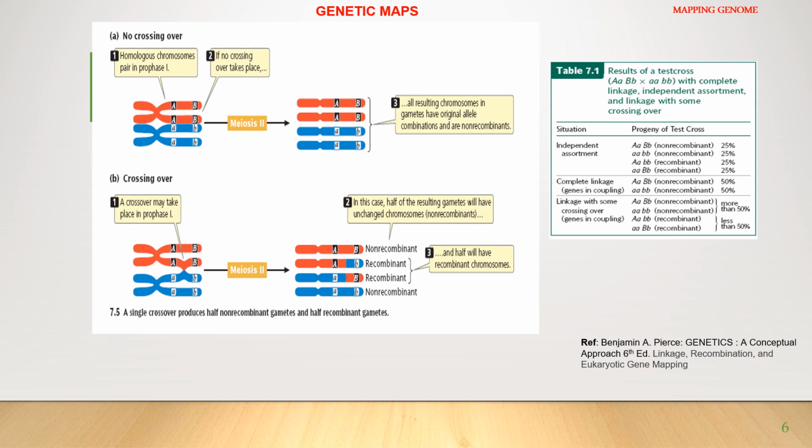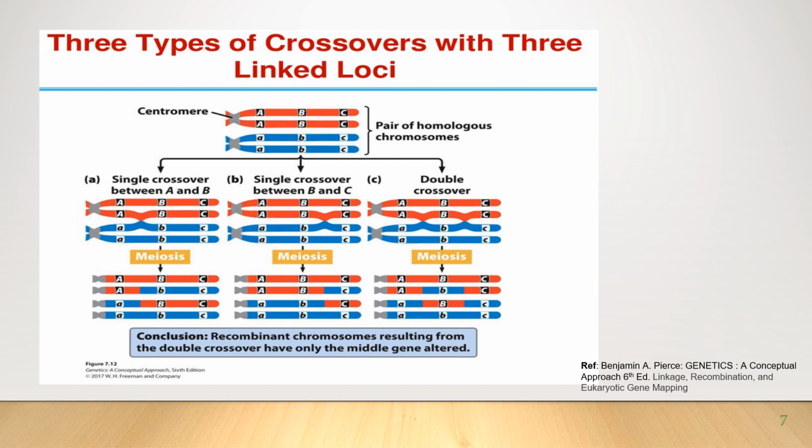Both single crossovers and double crossovers can be studied. Data of parental and recombinant progenies of a large segregating population is recorded and the recombination frequencies are calculated. The earlier figure showed a single crossover with two linked loci.